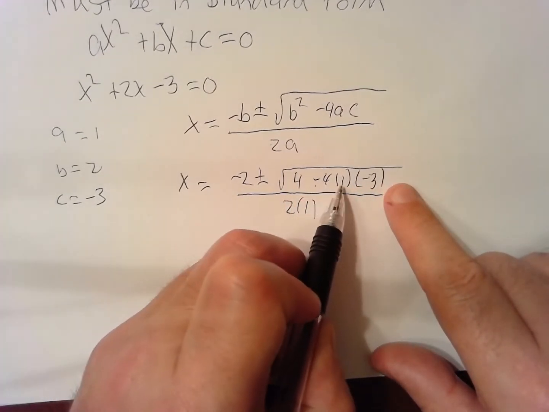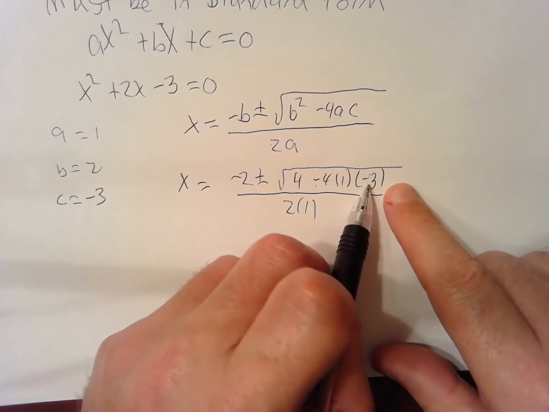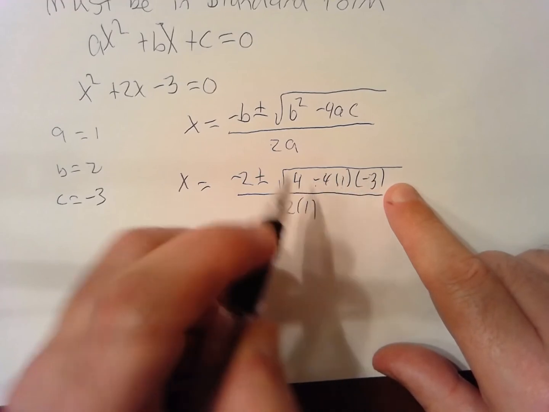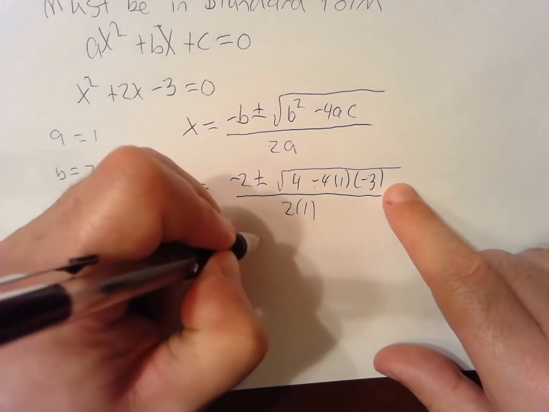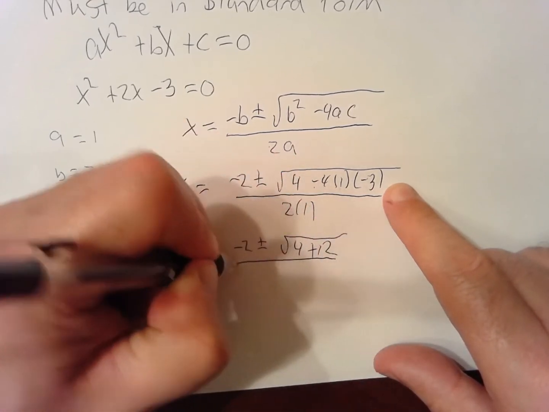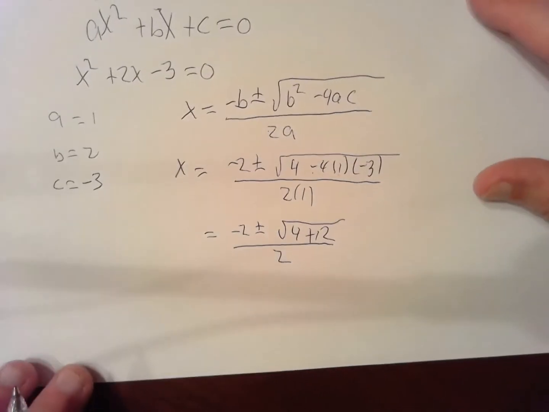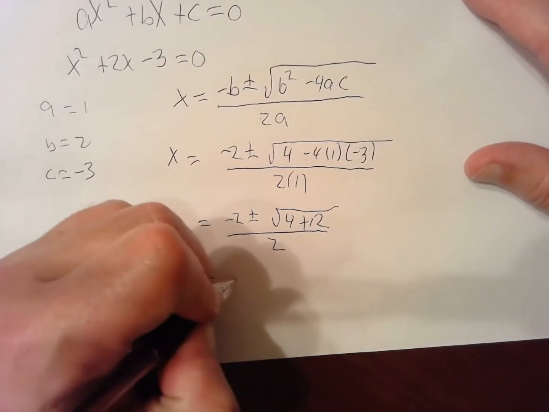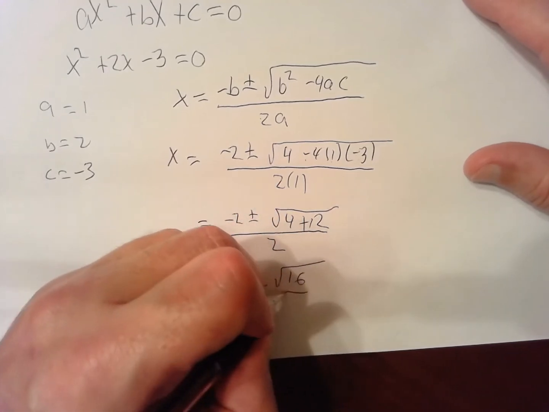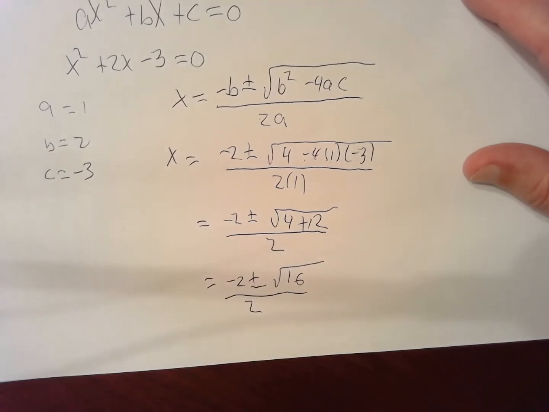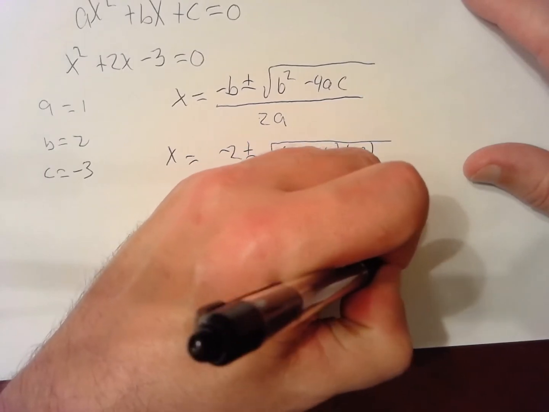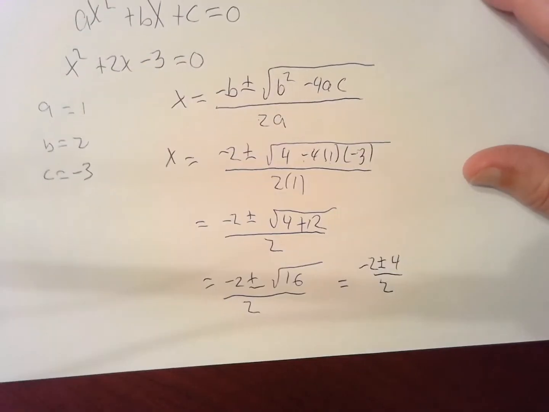I have to do -4 times 1, -4, times -3, that would be plus 12 right there. So I'll get -2 plus or minus square root of 4 plus 12 all over 2 times 1 is 2. Four plus 12 is 16. Square root of 16 is 4, so I get -2 plus or minus 4 over 2.